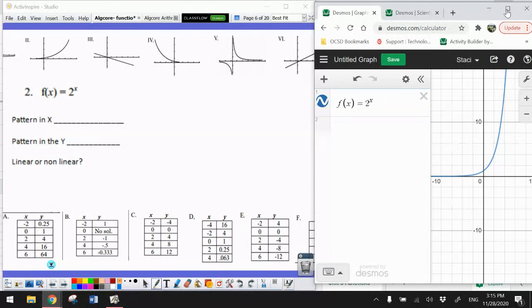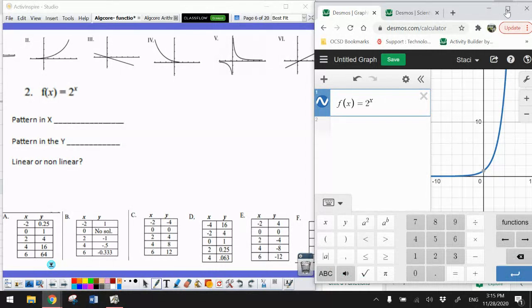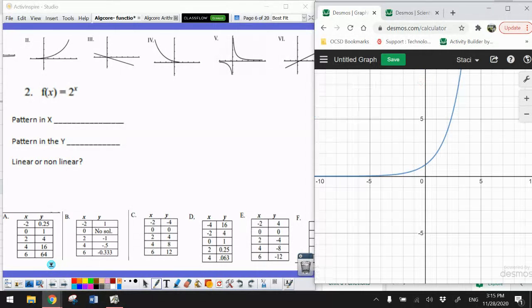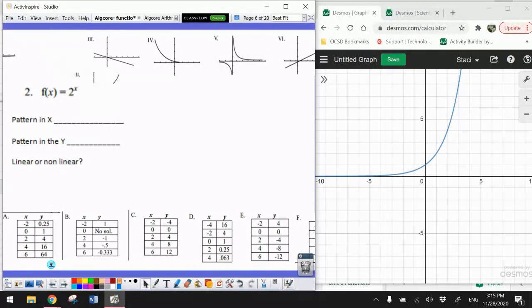Now remember, that is my a to the b key. So I press my a to the b, that's going to raise it up into the power. So let's take a look at what we've got for a shape here. So that is a curve. So I see that my curve that kind of matches that is this one.